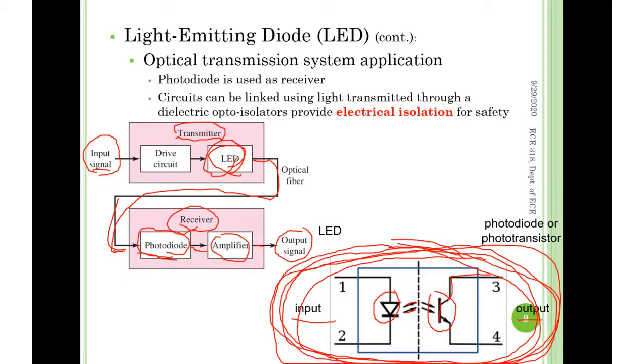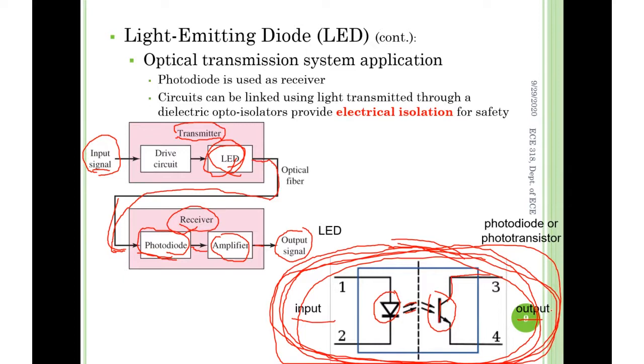In a lot of scenarios, your input and output are at different voltage levels, or say power levels. Say the input side is a control circuit with a current rating of up to 100 milliampere. The output end is maybe a power circuit, with current up to maybe 10 to 20 ampere.